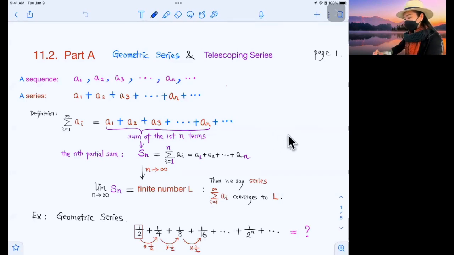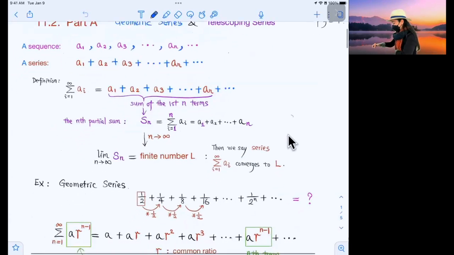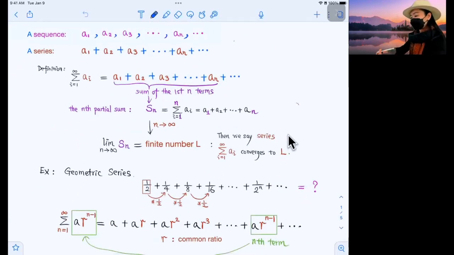Now, over here, we also want to introduce something called the n-th partial sum. The n-th partial sum is the sum of the first n terms. So you just add the first term all the way to the n-th term. That's called the n-th partial sum. Why is it called partial? Because it's not the whole sum, right? For the whole sum, you have to add infinitely many terms.